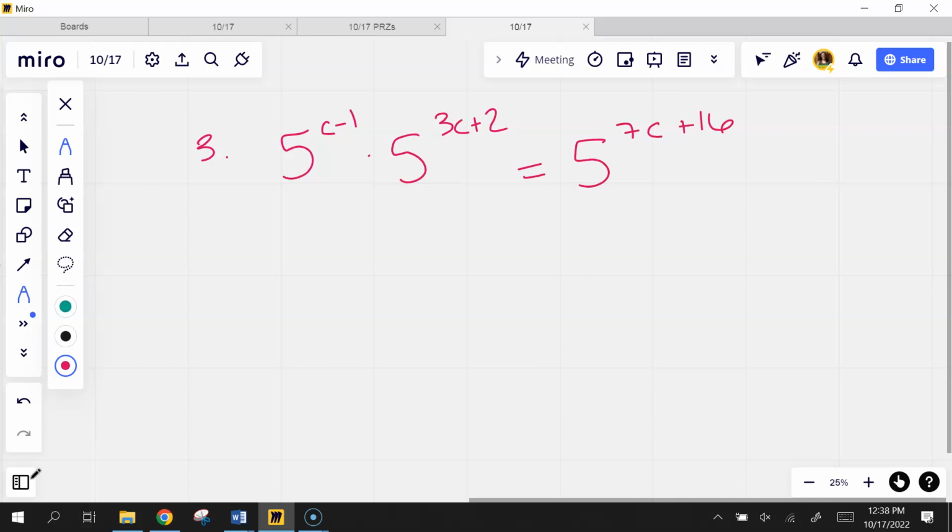It's multiplying with the same base, and when you multiply with the same base, what do you do with the exponents? You add the exponents. So this would be 5. Now don't combine the base and the exponents. You only do one. 4c plus 1. Now the bases are exactly the same, and so I can drop them off and just set the exponents equal, right? Y'all okay there?